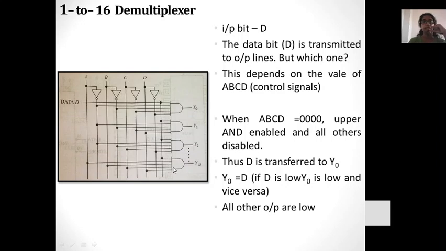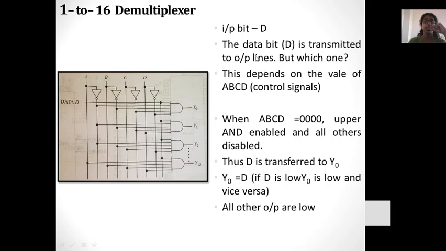then let's see the working. That is, the input data bit is D, which is common to all the gates. The data bit D is transmitted to the output line one at a time, but which one? When the data is switching to the output, which output line this data is transmitting to is controlled by the control signals.